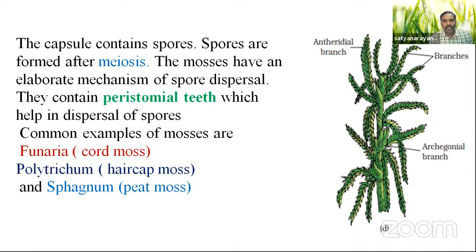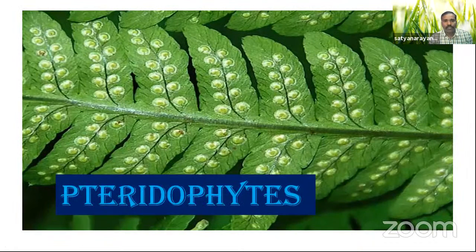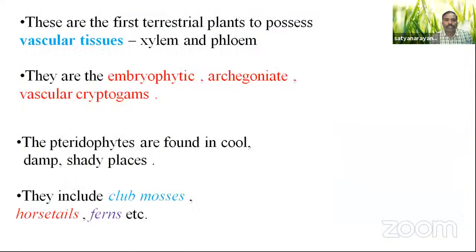Now we'll go for another one, pteridophytes. So what are the general characters of the pteridophytes? Generally the pteridophytes are vascular or tracheophytic plants, because the vascular system first developed in the pteridophytes. So what is the vascular system? The vascular system consists of the xylem and phloem.